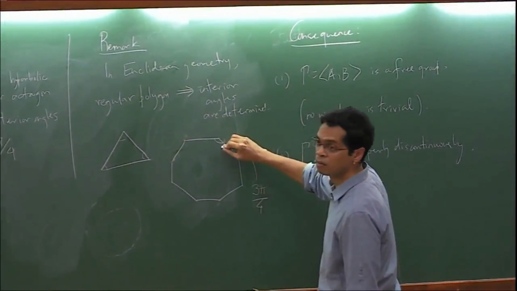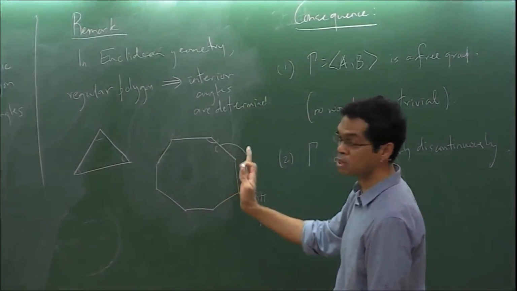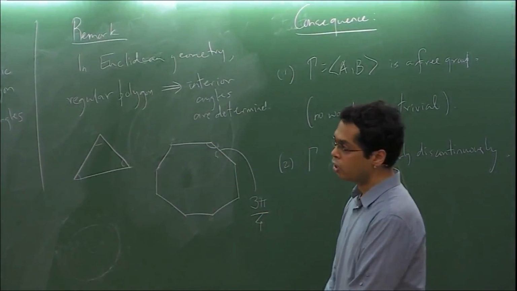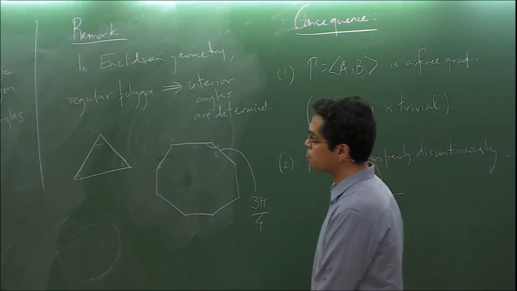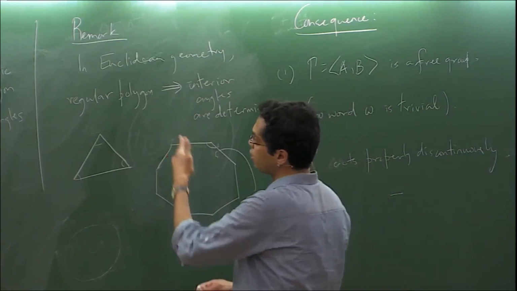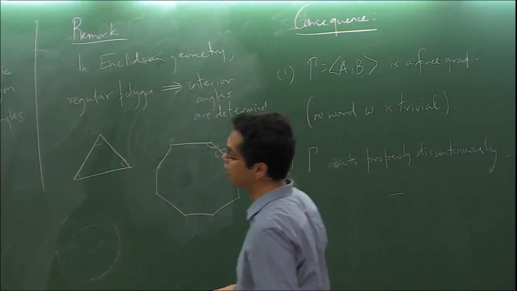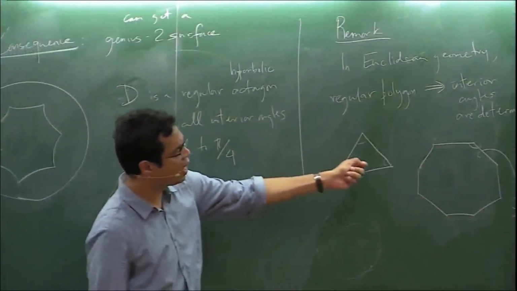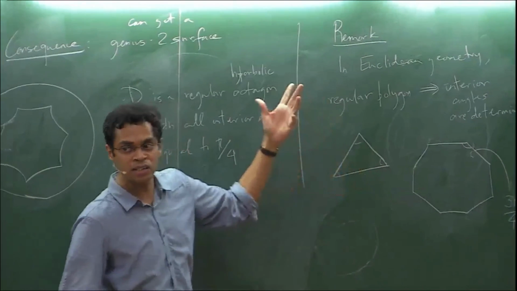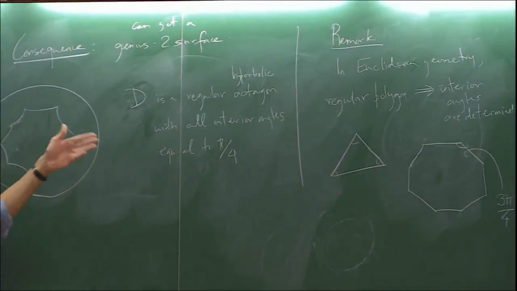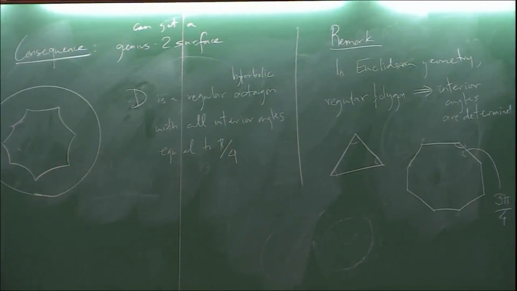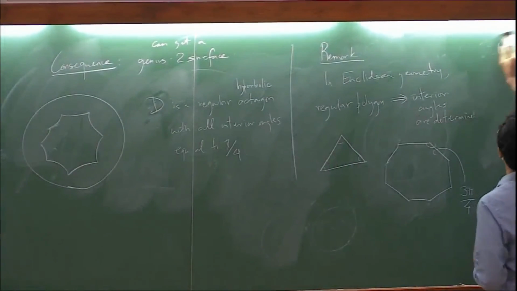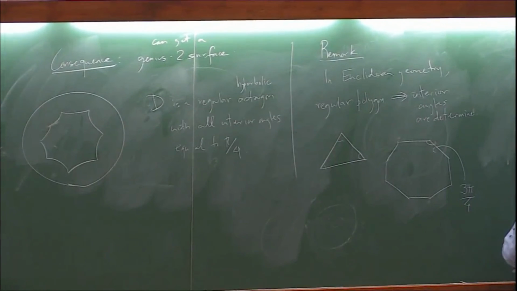Each of these angles must be 3 pi by 4 if it's Euclidean. So you can't dictate what the interior angles are, but here you can. We've already seen for a triangle, an ideal triangle, where all interior angles are 0. That's like an extreme case of an equilateral triangle in the hyperbolic plane.